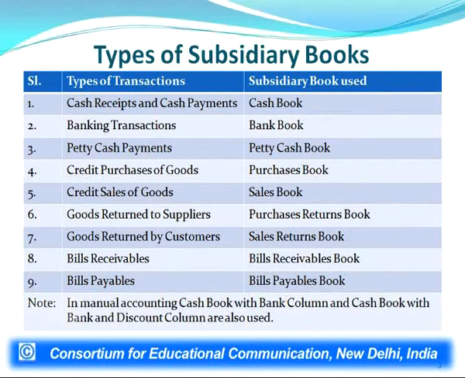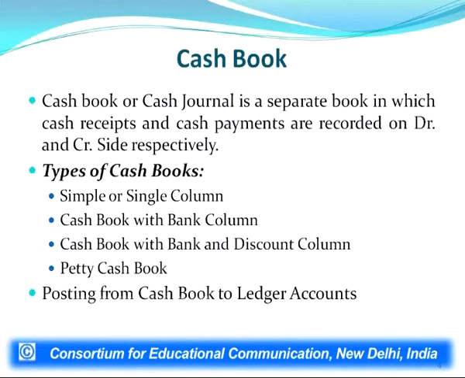So in the last 2 sessions we discussed the cash book. Cash book is prepared to record cash receipts and cash payments. And we discussed 4 types of cash book: one, the simple cash book or single column cash book, in which we record only cash transactions. Another, cash book with bank column, in which we record cash transactions as well as banking transactions.